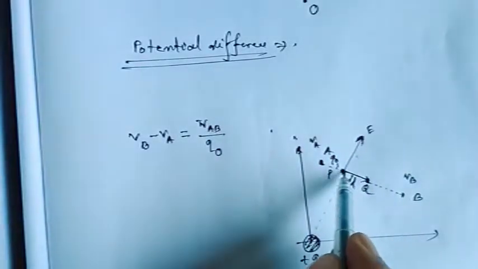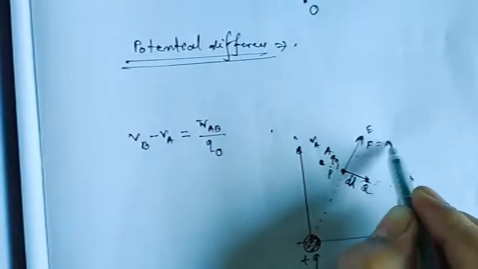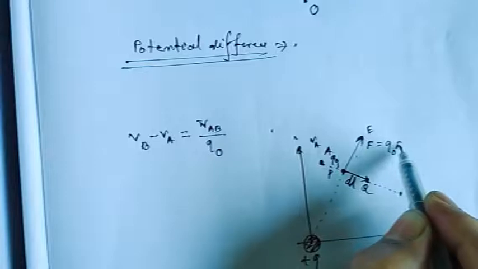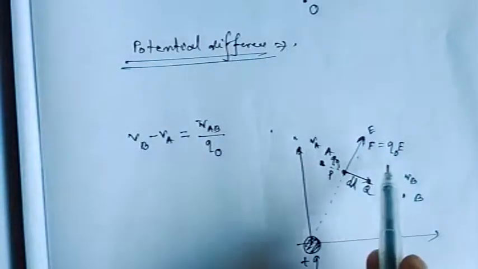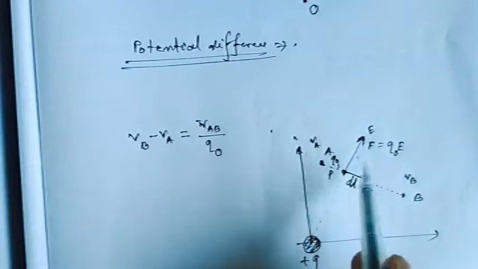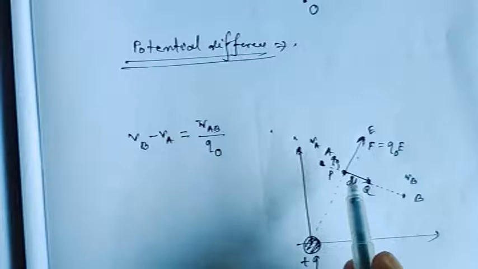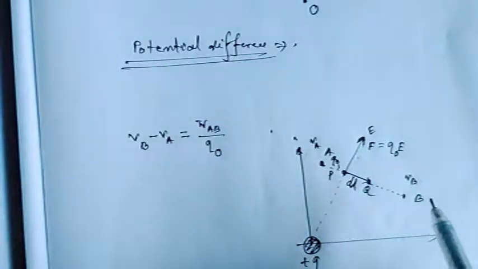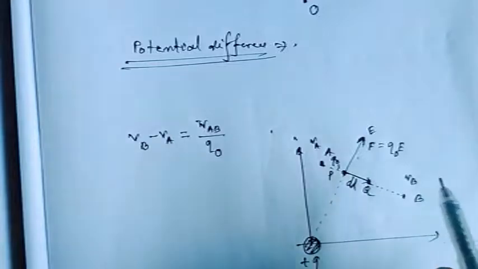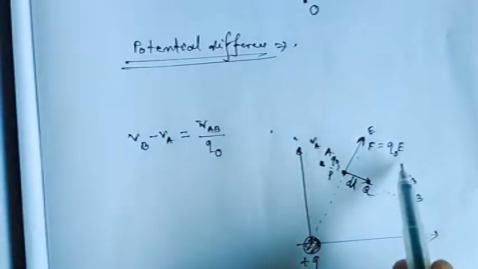The force along this direction will be Q naught E. There is no problem, I hope you all know these things. Now we have to counter this force, so the force we actually apply should neutralize it. Therefore the force we apply must be minus Q naught E.